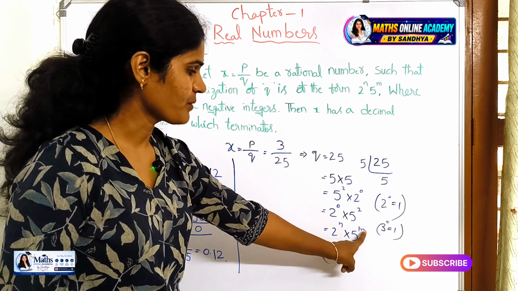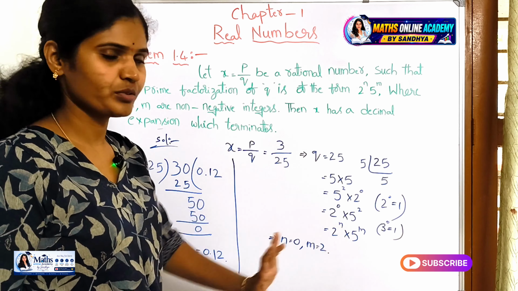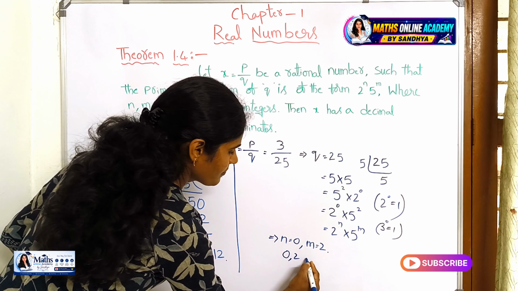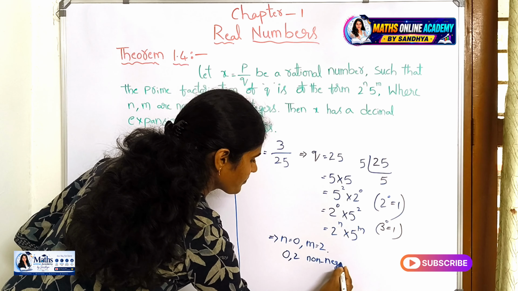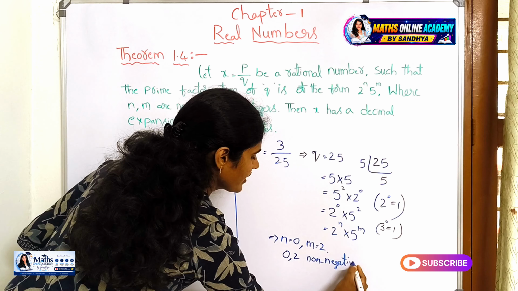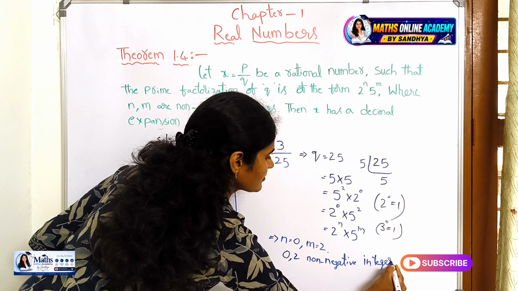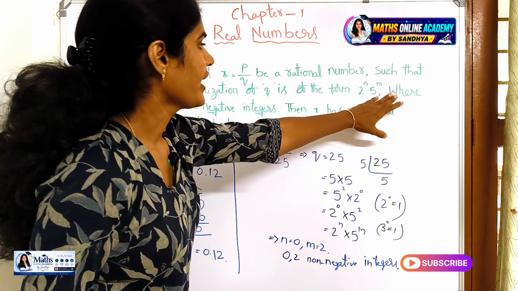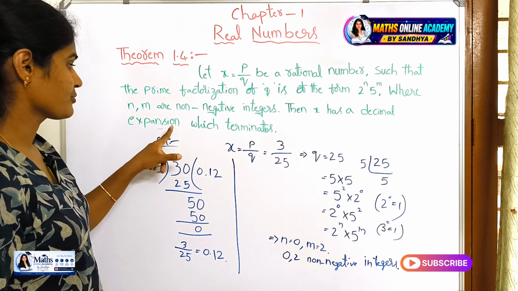So 2 power n, 5 power m, here the values are n equal to 0, m equal to 2. 0 and 2 are non-negative integers. Up to this one is finished. Where n, m are non-negative, x has a decimal expansion.